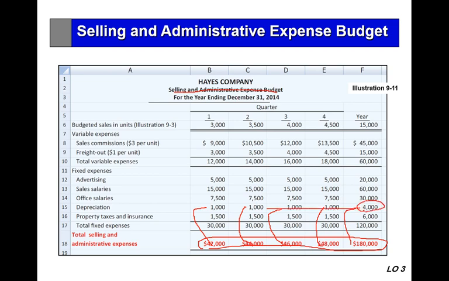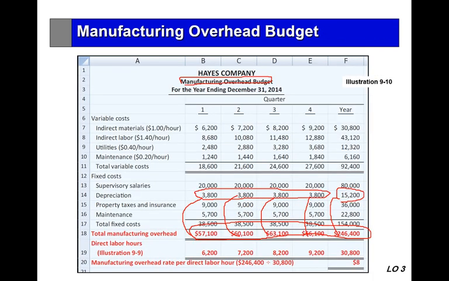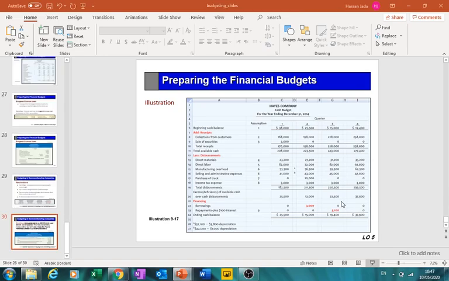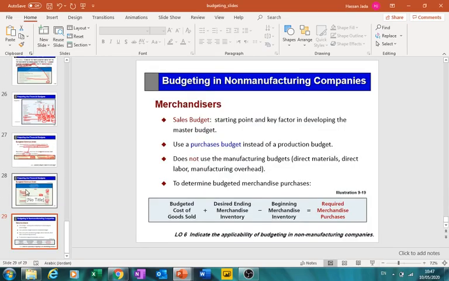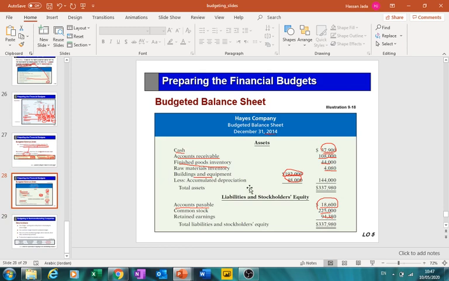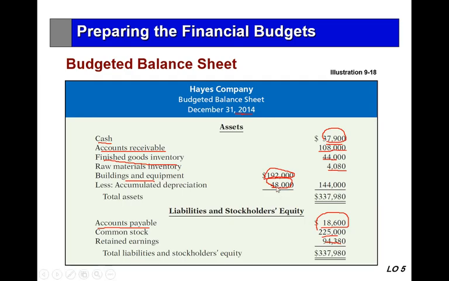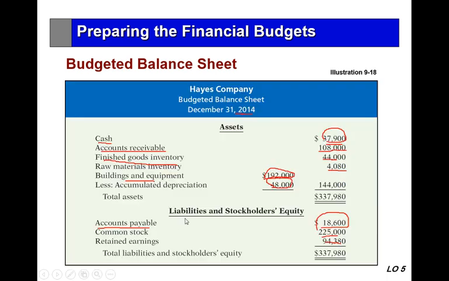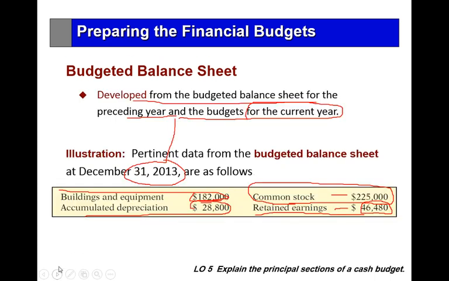Then we have 4,000 plus 15,200. Sorry, we go here for the 48,000 accumulated depreciation. 48,000 is equal to the accumulated depreciation beginning balance.